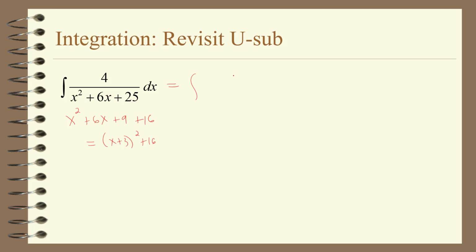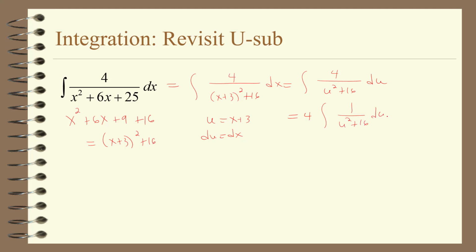So if you rewrite the integral as 4 over (x plus 3) squared plus 16, now if we make u equal to x plus 3, so du will just be our dx, the integration now becomes 4 over u squared plus 16 du. And we recognize that as the inverse tangent rule. So the answer is 4 times the antiderivative of 1 over u squared plus 16 du.